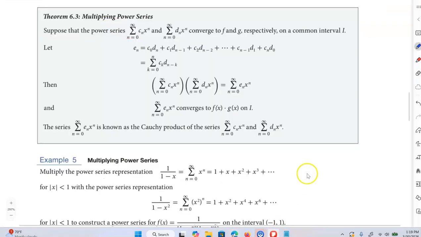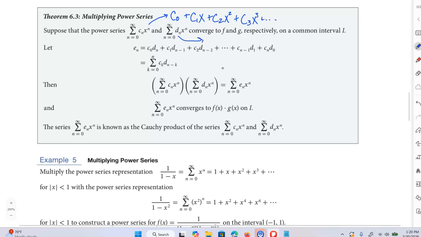If I go back to my notes and write out a few terms here, let's start with n equals 0. I would have c naught x to the 0, which is 1, plus c1x plus c2x squared plus c3x cubed, and so on.